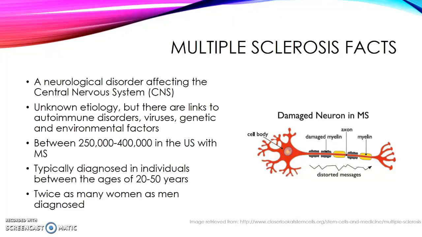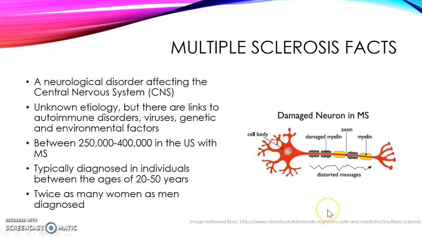They're typically diagnosed between the ages of 20 and 50 years old. Women are twice as likely to be diagnosed as men. This may be due to the fact that women typically are diagnosed at a higher rate for other autoimmune disorders.